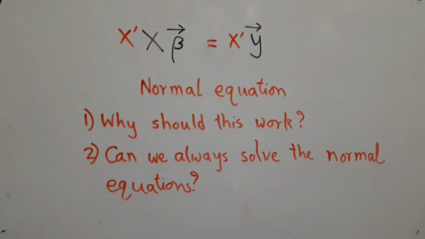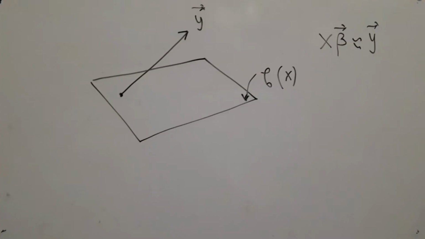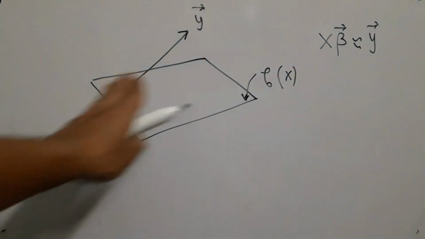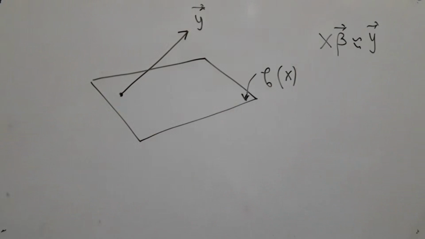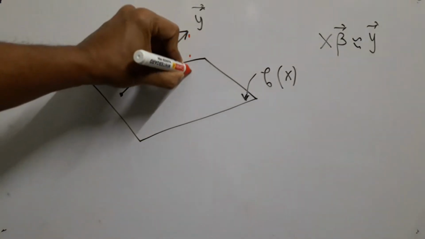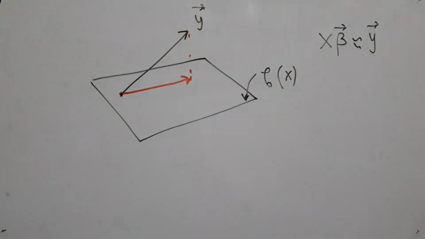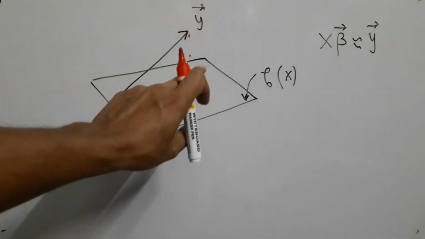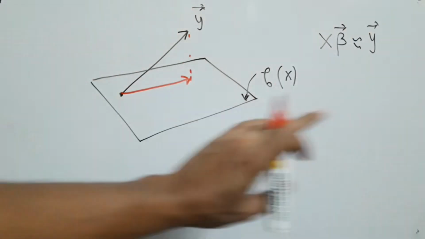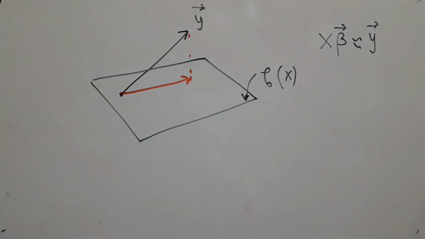We start with the first question. When we were trying to solve this approximate system in the least square sense, we had this picture. This is the column space of X, and our plan was to drop a perpendicular from y onto the column space of X and take this vector. So this is the closest that you can get of this form Xβ, closest to our given vector y.